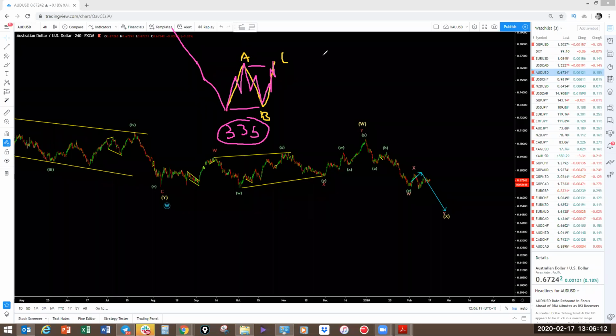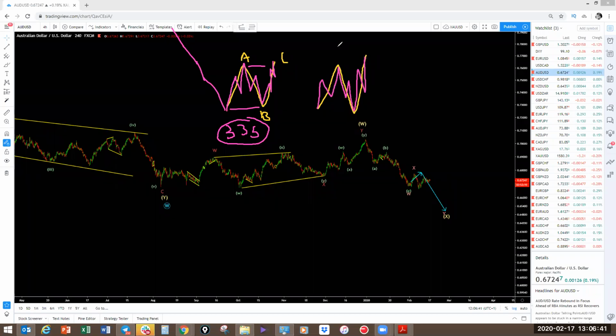For example, if this one was still a flat correction, just like this 1, 2, 3, and then you find that here it was like this, it's got 3 waves, and I've drawn it inverted. Let's do it exactly the same way. We've got A, B, C here, and the very same structure has an internal subdivision of 1, 2, 3, 1, 2, 3, but then here C becomes another 3 waves.